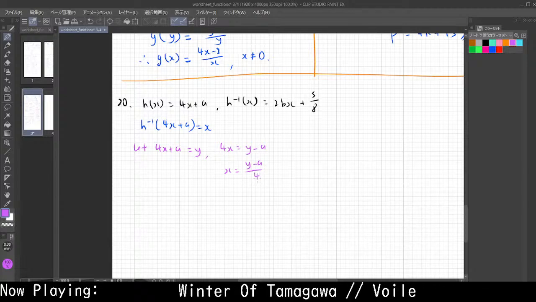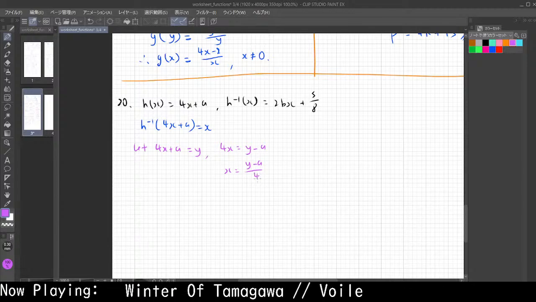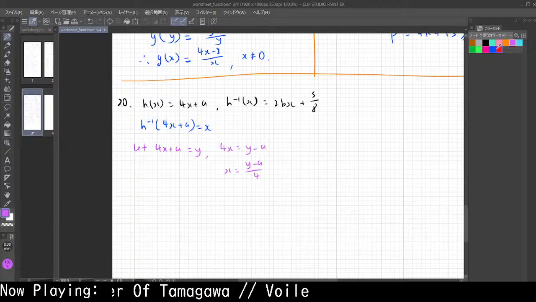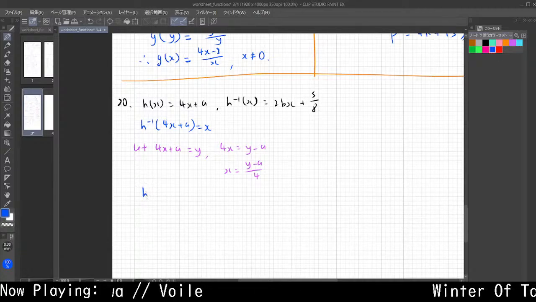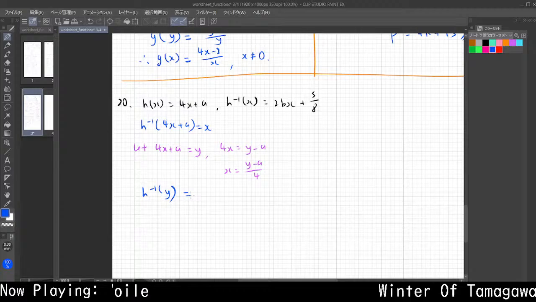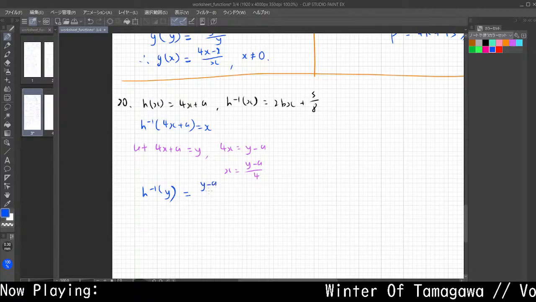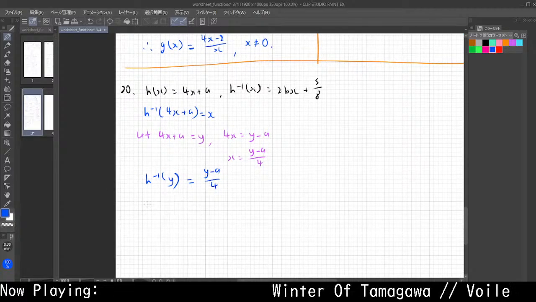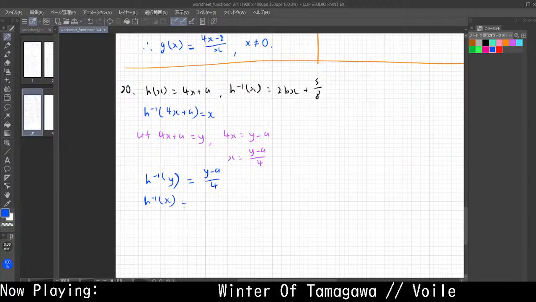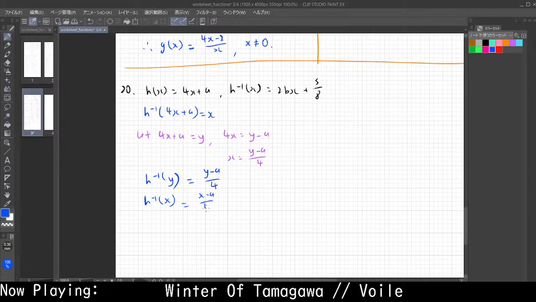I mean, my voice in the stream sounds okay, so I will assume that there's not too much of an issue. h inverse y equals y minus a over 4. h inverse x equals x minus a over 4.